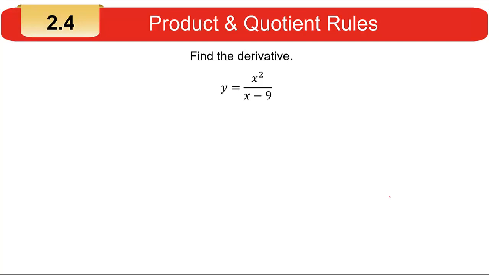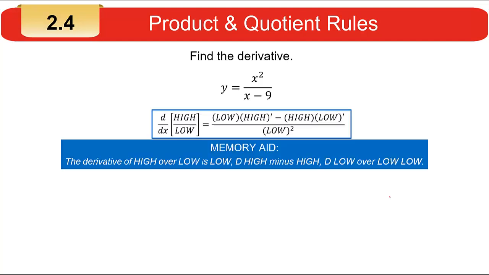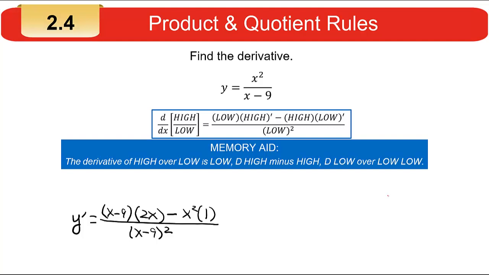How about this? This is just a classic, straightforward quotient rule. Numerator, denominator, high, low, however you want to say it. So you take low d high minus high d low over low low. Well, the derivative of the numerator is 2x, and the derivative of the denominator is 1.